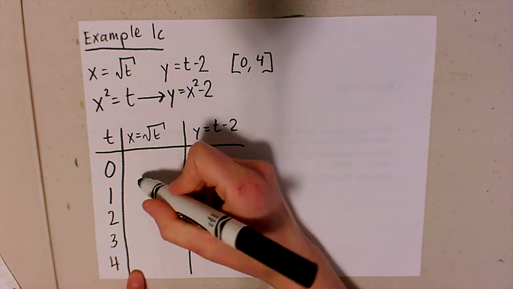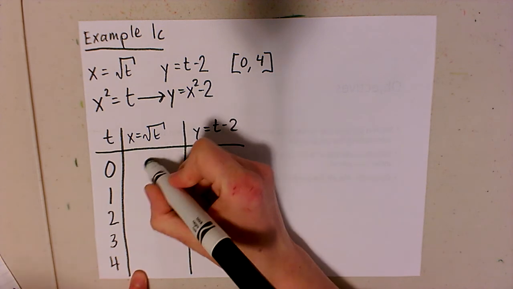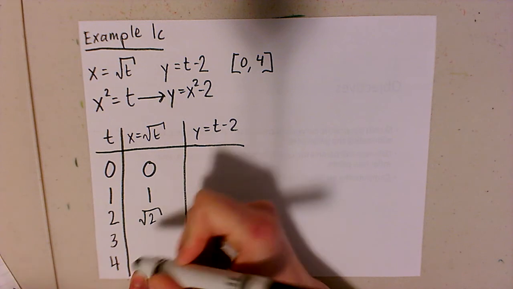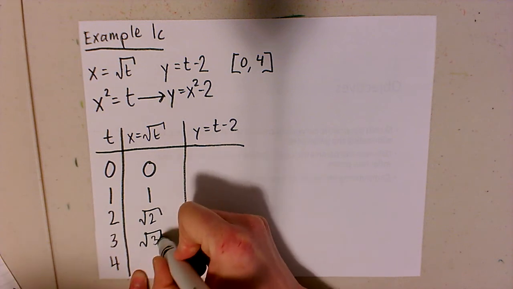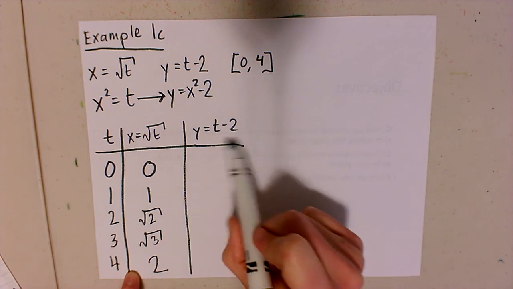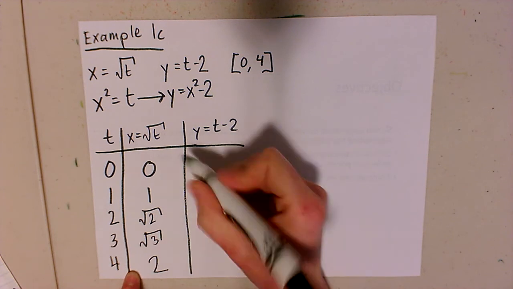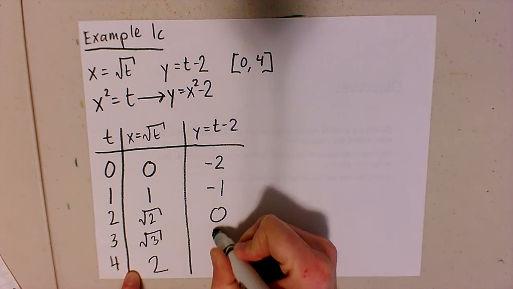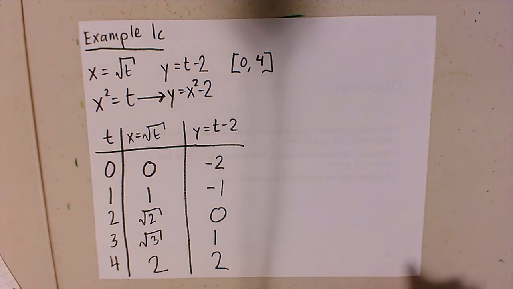Okay, so let's see, if we take the square root of everything, I'll have 0, 1, root 2, root 3, and 2. And then if we take our t values and plug them into this function right here, t minus 2, we're going to get -2, -1, 0, 1, and 2.